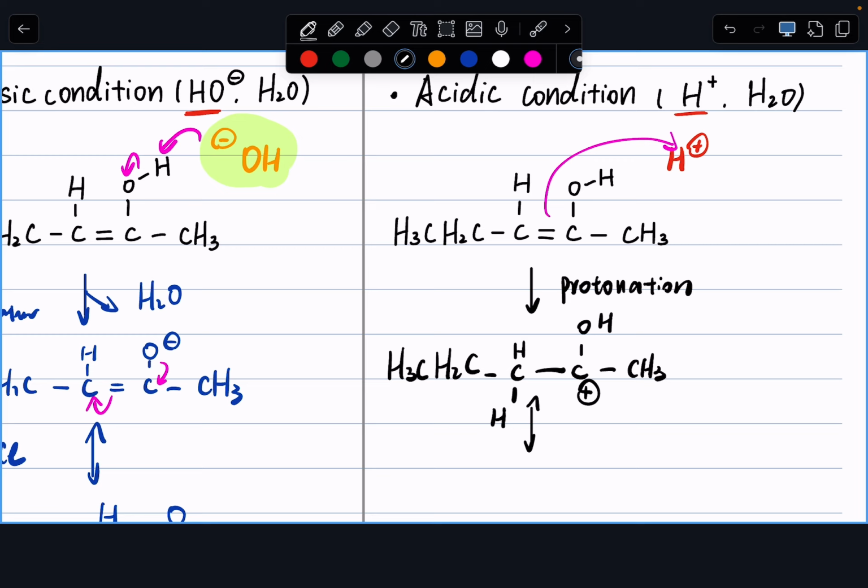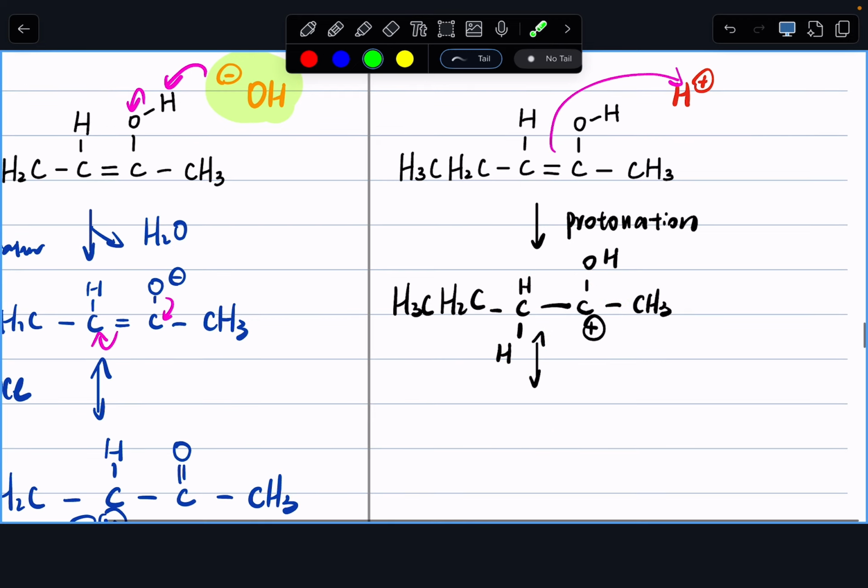All right, so the double bond is attacking the H+, and we're forming a carbocation intermediate. And in this process, again, it follows our rule of favoring the more stable carbocation, a tertiary carbocation versus a secondary carbocation. And then we can draw resonance structures.